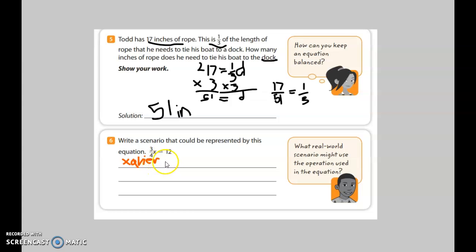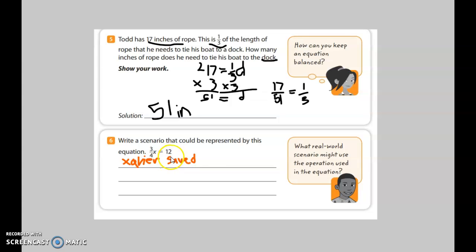Xavier saved 3/4 of his allowance. Can you tell I've been practicing with this thing?